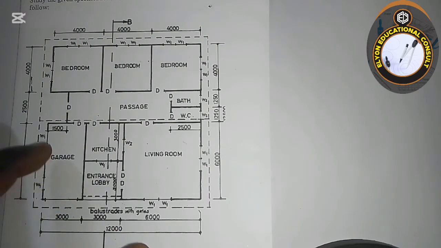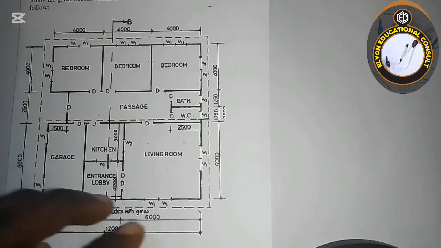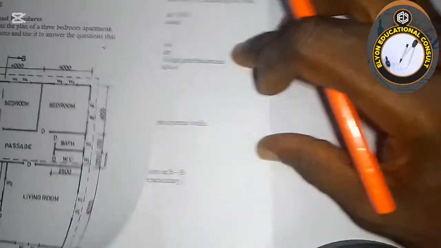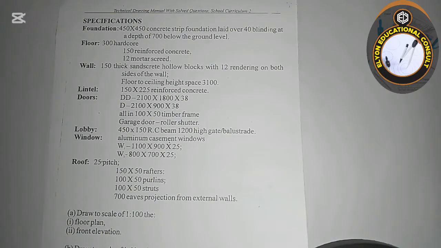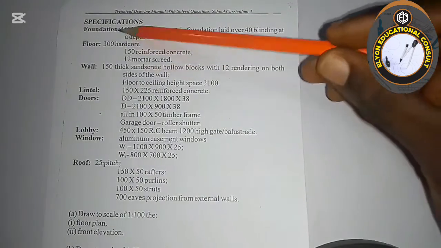So you will be given the floor plan, and usually the floor plan always comes with specifications. There's something we call specification. You are given the specifications. That's the different parts, components of the building. Like we have the specification here, the foundation.